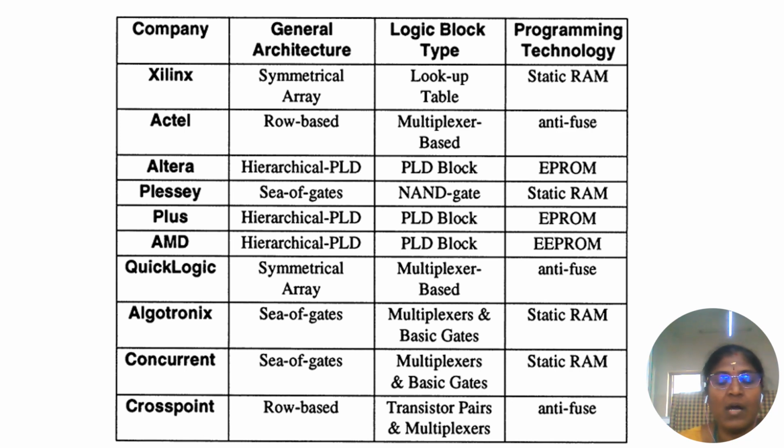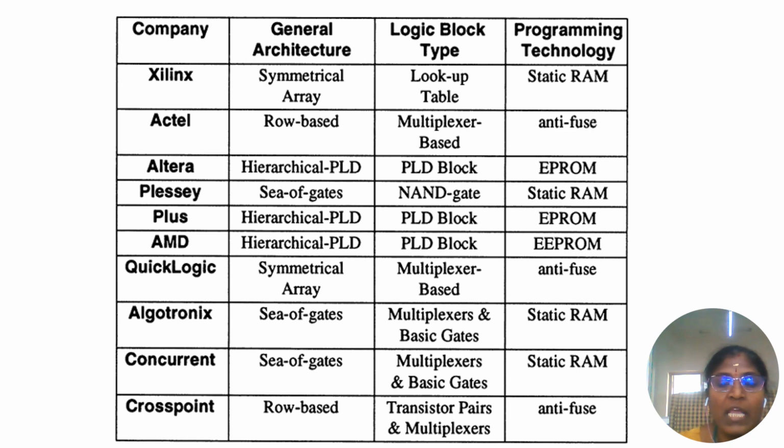The general architecture is nothing but the types of architectures we have already seen for FPGAs: symmetrical array, row based array, hierarchical PLDs, and sea of gates. These are the four architectures used for FPGA.